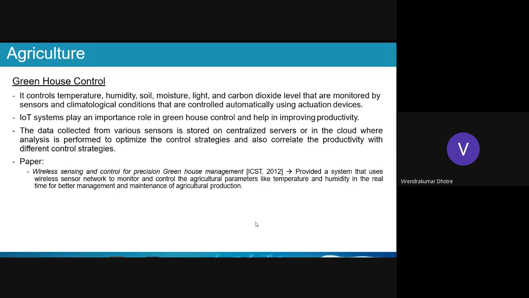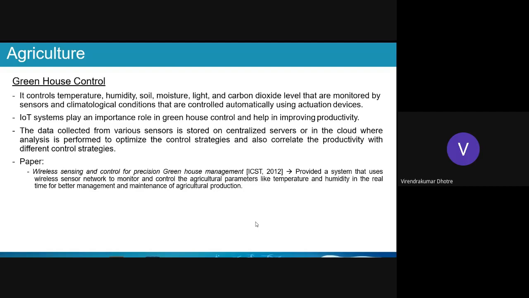Data is collected from various sensors. There are temperature sensors, humidity sensors, moisture sensors, light sensors, carbon dioxide, meaning different gas sensors, which collect the data. The collected data is stored in a centralized server, which is cloud based, as I said, and analysis is done.